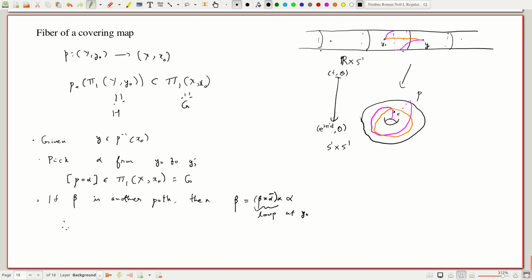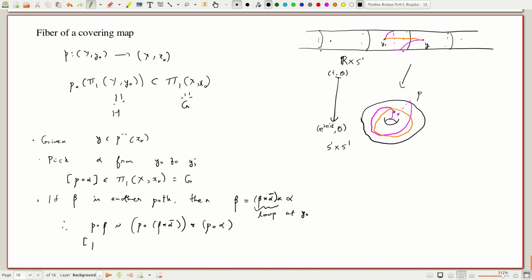And therefore if I look at p composed with beta, this is going to be p composed with beta star alpha bar star alpha. Maybe I should write it in homotopy notation because not everything is a loop, so we won't say equivalence class. Let's say p composed with beta is homotopic to p composed with beta star alpha bar, star p composed with alpha.